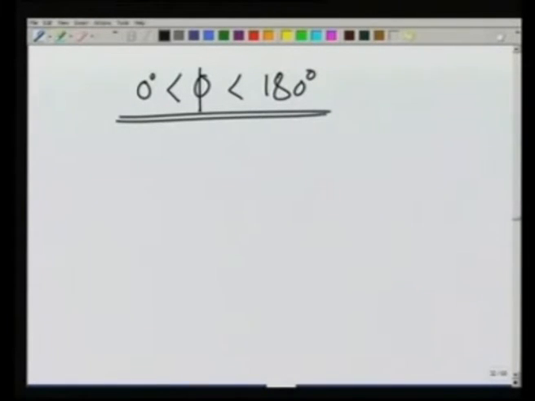Now let us look at a nice geometric way of looking at the oscillatory motion.